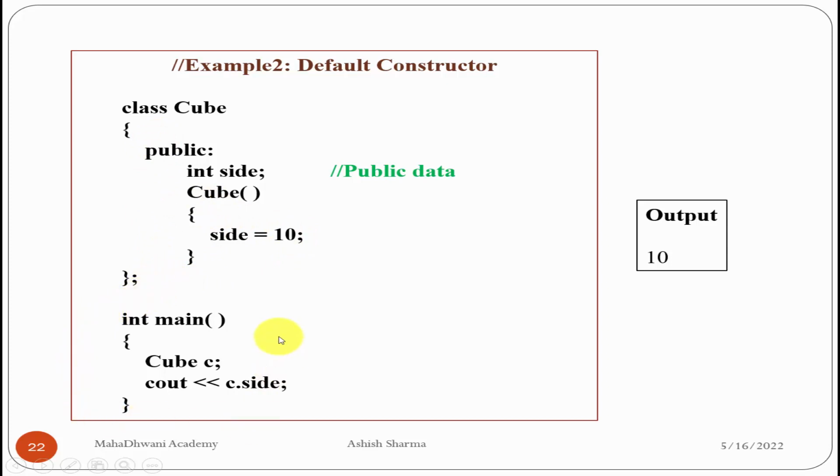Now int main: inside the main body we create the object of the cube class and cout c.side. Here this data member we can access. Why? Because it is public, and public data members can be accessed outside the class. So it is allowed, and that's why we receive the output. What value did we initialize to the side variable? We initialized the value 10, so we receive the value 10 as output.